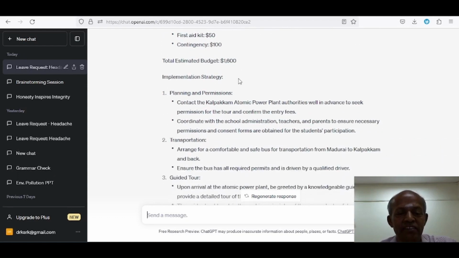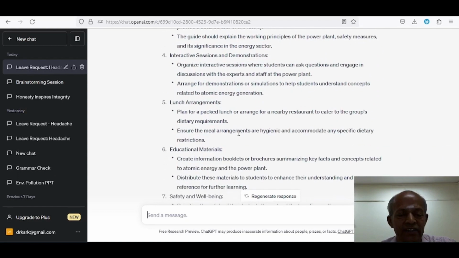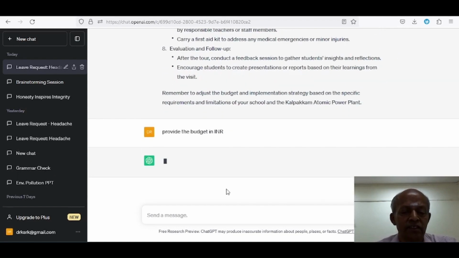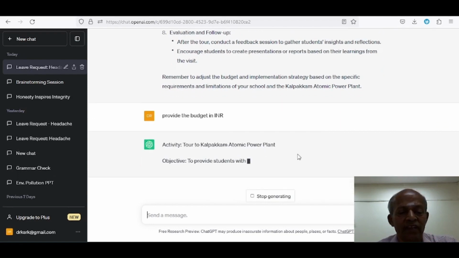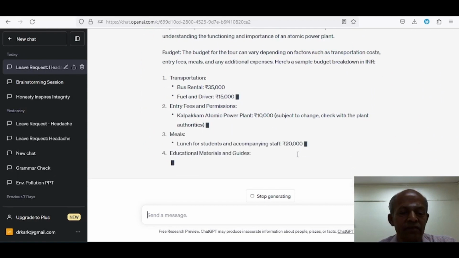And the implementation strategy: the planning and permission, transportation, guided tour, interactive session, lunch arrangement, etc. Suppose we want ChatGPT to provide the budget in rupees, so: provide in INR, that means Indian rupees. Immediately you can see that it will give you the budget in rupees.